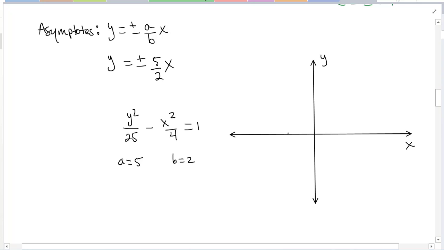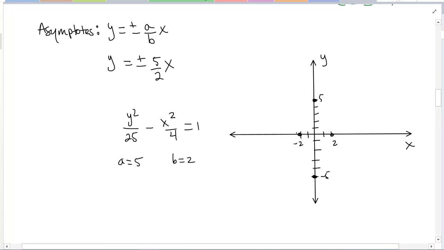When we sketch it, because the 5 squared is underneath the y, that's a y value. So 1, 2, 3, 4, 5, and negative 5. These are the vertices, so my hyperbola opens up and down. And b is 2, so we go 1, 2 on the x, and negative 2, because the b squared is underneath the x, so those are x values.